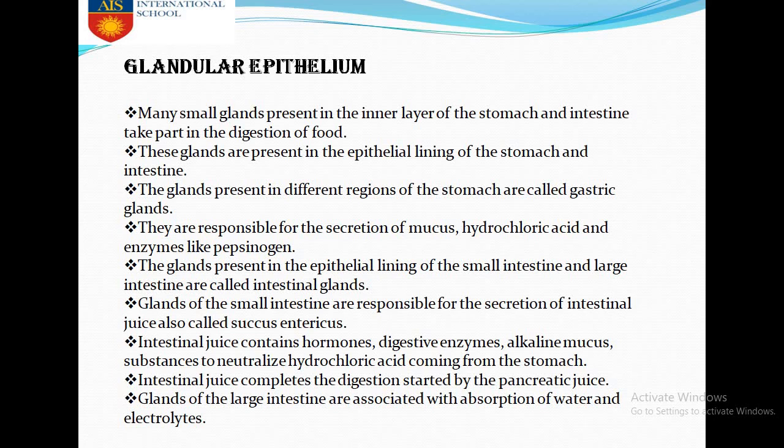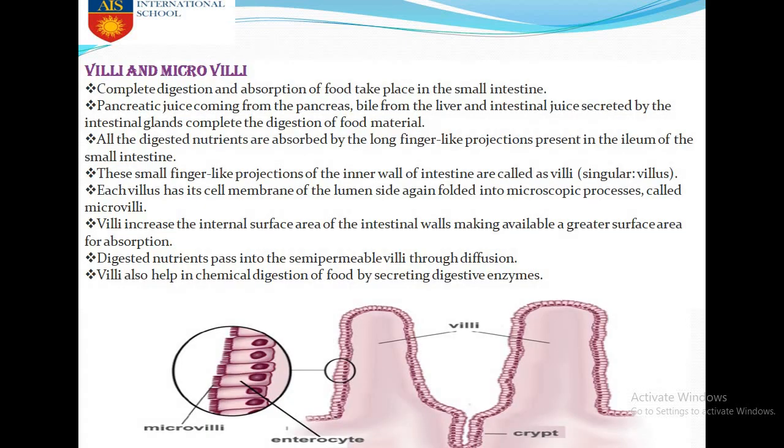Clear? So, intestinal juice completes the digestion started by the pancreatic juice. This intestinal juice only completes the digestion. This is the structure of villi and microvilli, which increase the surface area for the absorption of food. The finger-like projections are called villi, and they are so folded that they increase the surface area for the absorption of food.